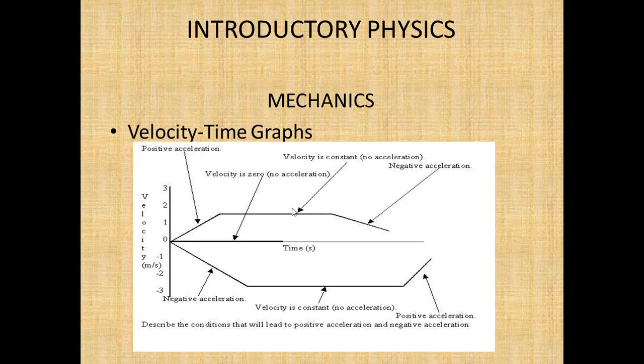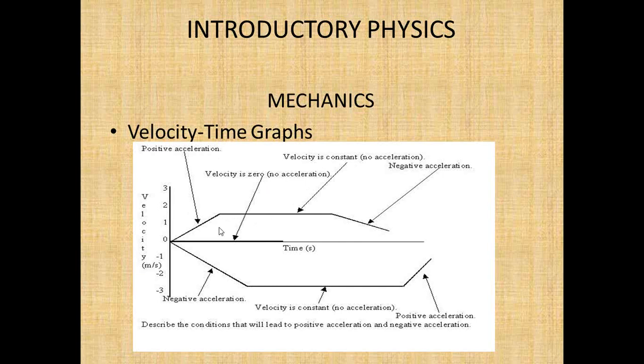So this is a constant velocity, so you have no acceleration, as opposed to this line on the bottom, which represents zero velocity. There, your velocity is zero, and there is no acceleration because there is no velocity. This flat line right here has a velocity number associated with it, but the velocity is constant.